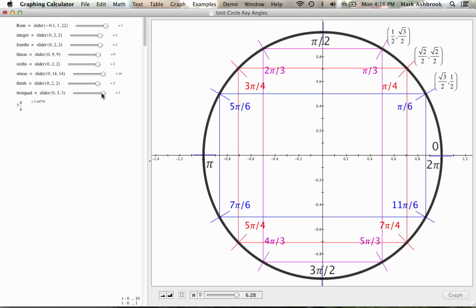And finally, at pi over 3, our cosine is 1/2 of a radius length, and the sine is 0.866, or radical 3 over 2 to be exact. So these are cosine and sines of pi over 6, pi over 4, and pi over 3.